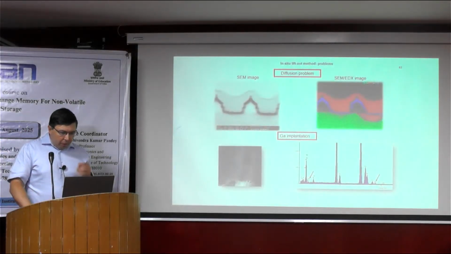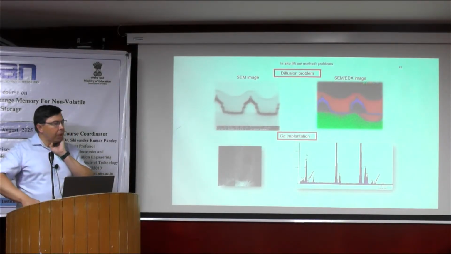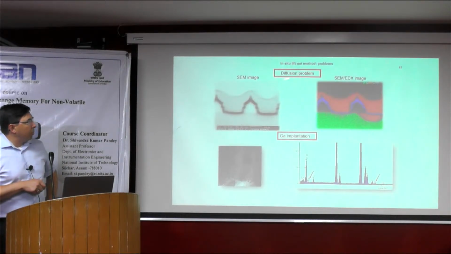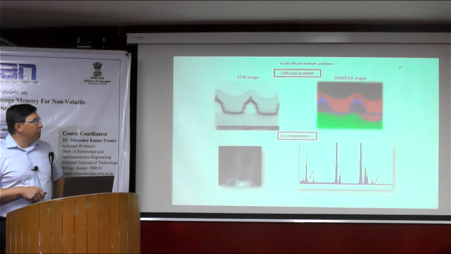Another problem with the FIB system is that it can introduce some intermixing between the materials, called a diffusion problem.